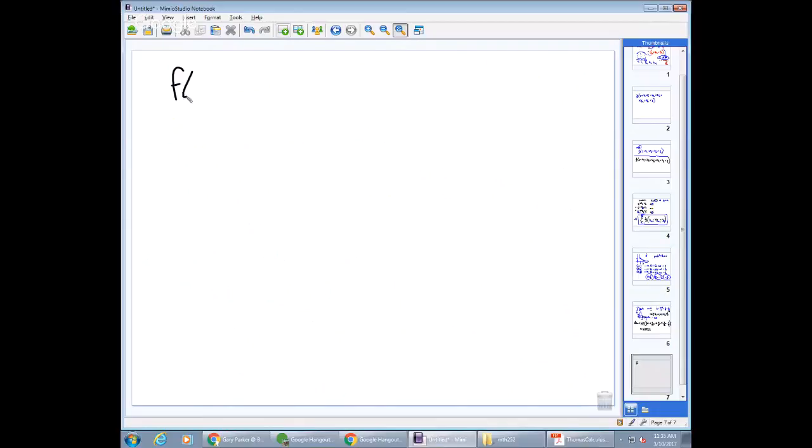So f of x is equal to 4 over s squared, which I think I'd prefer to write as 4 times s to the negative 4. So the first derivative, what's that? Negative 2, oops, yep.